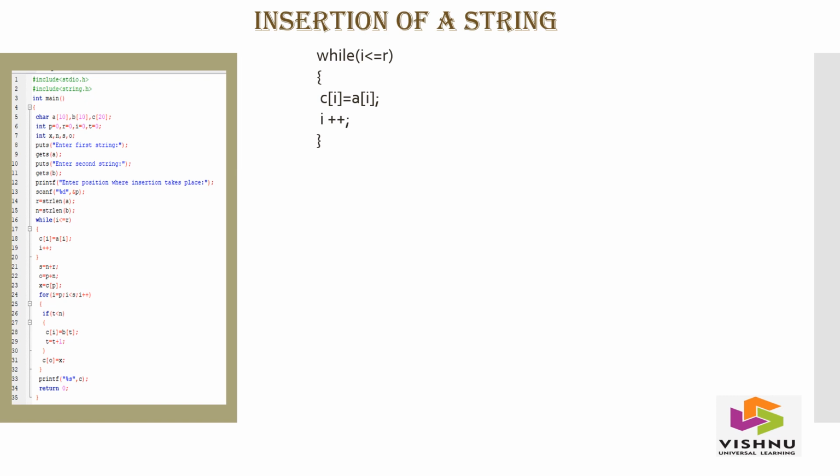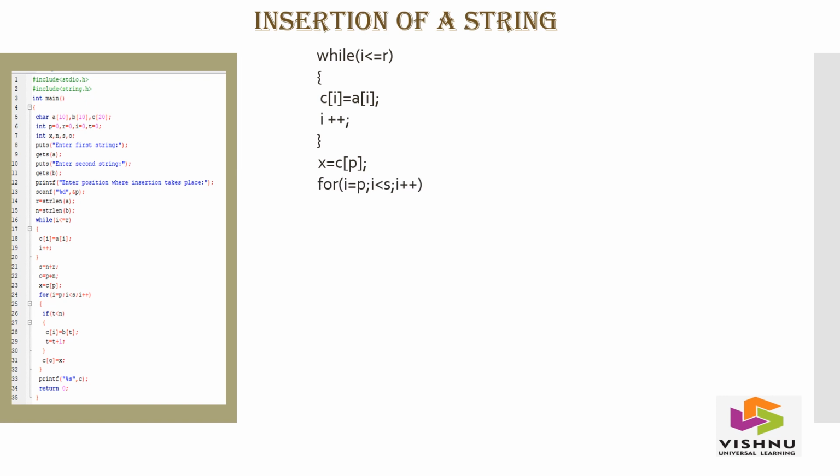Here, each character of string A should be copied in the string C at the same position. So, we have written this while loop. After that, we have to equalize the C of P to the variable X, where P is the position where insertion takes place, so that the character at that position is stored in the variable X.